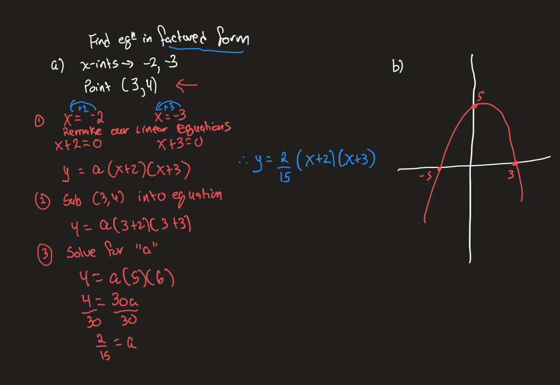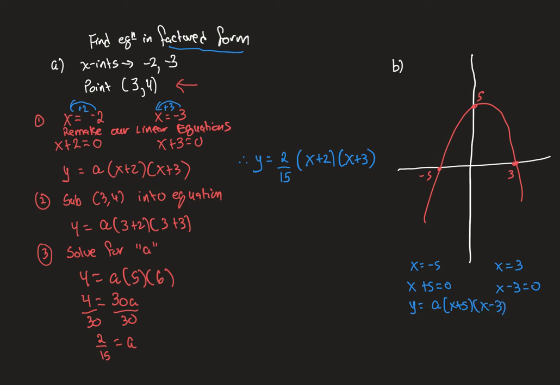So if that's true, I know my two x-intercepts are -5 and +3, which means I know my two factors are x plus 5 and x minus 3. So making my equation, y is equal to a x plus 5, x minus 3.